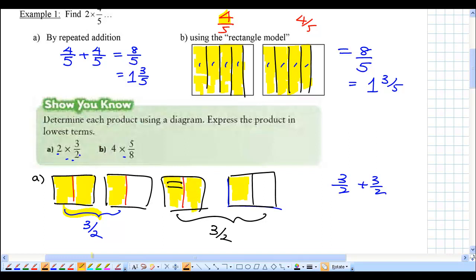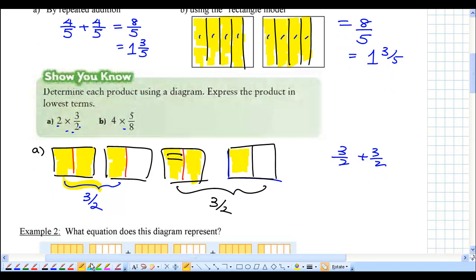And my question now is, how many halves do I have in total? 6. Thank you. 6 out of 2. And what's 6/2? That's the same thing as, can someone simplify this, please? 3. Good. Yay! 3.